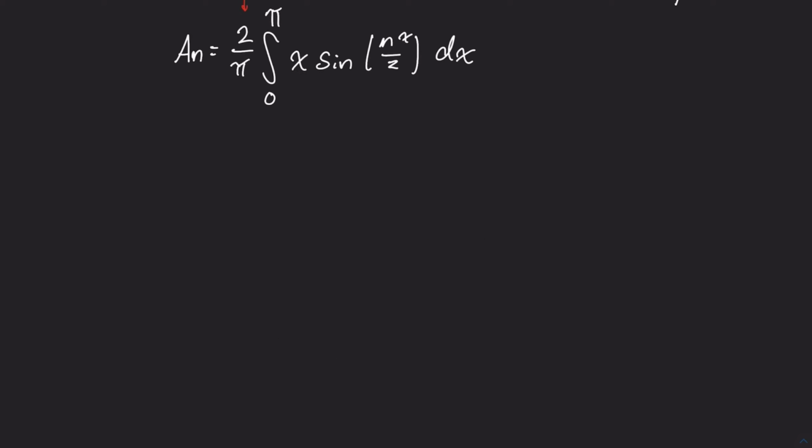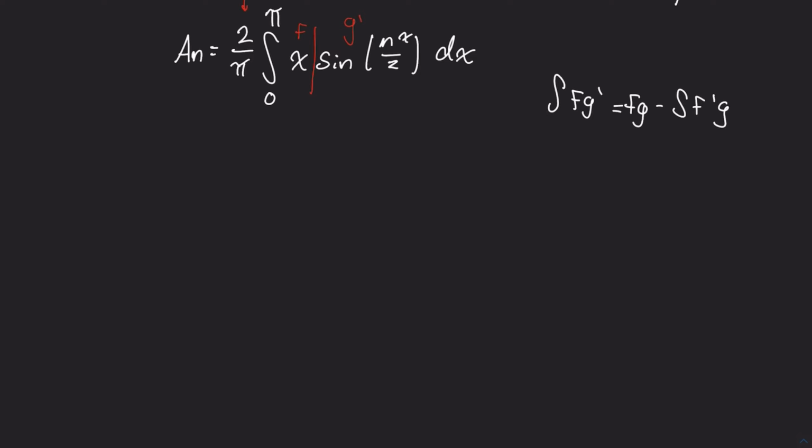So now all we have to do is solve this integral. And this is integration by parts. We can put a line down here. This is our f term, this is our g term. And as we know by integration by parts, the integral of f g prime equals f g minus the integral of f prime g.